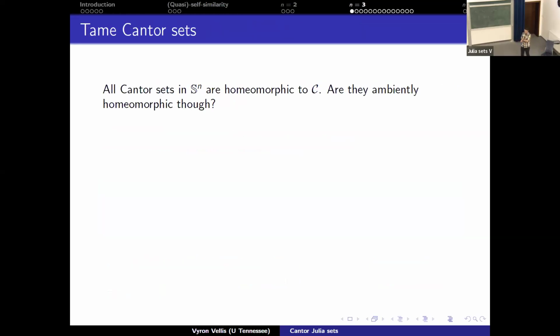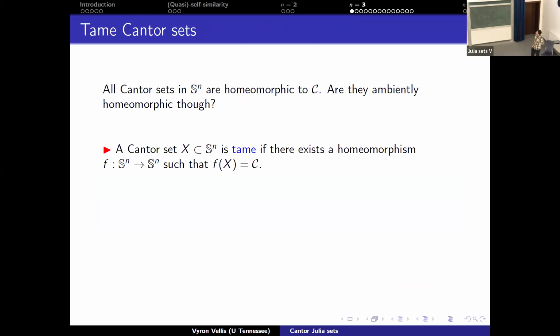So let's start from some topological facts here. We know all Cantor sets are homeomorphic to the standard Cantor set, but are they ambiently homeomorphic? Is there a global map? So I'm going to call a Cantor set tame in Sn if there exists a global homeomorphism that maps it to the standard Cantor set.